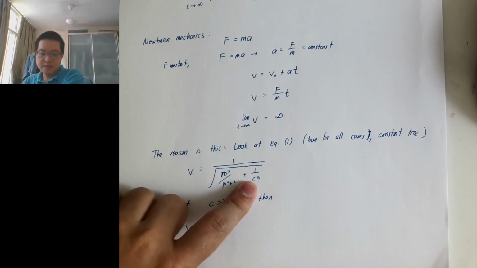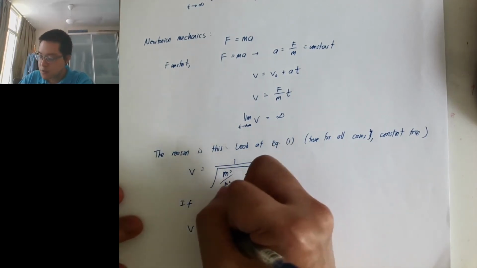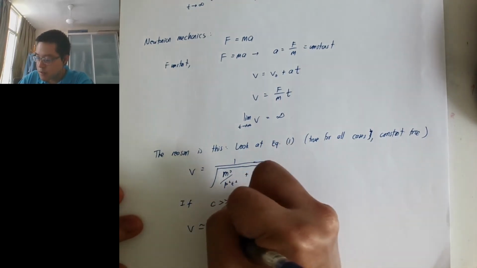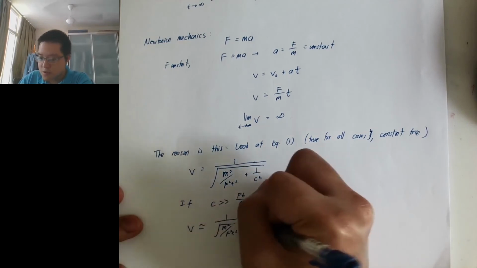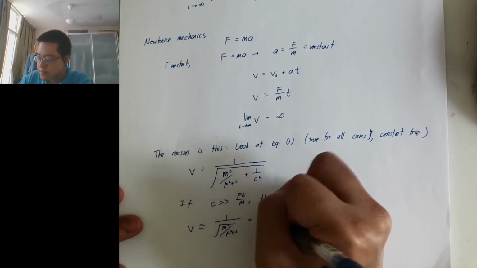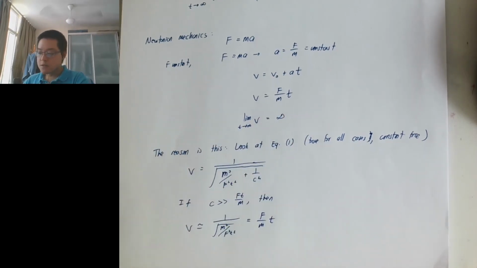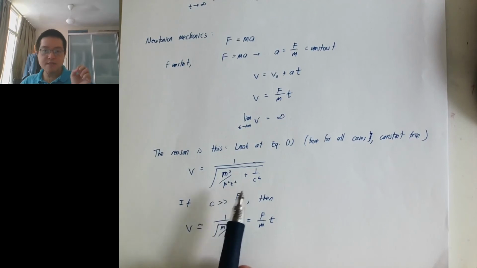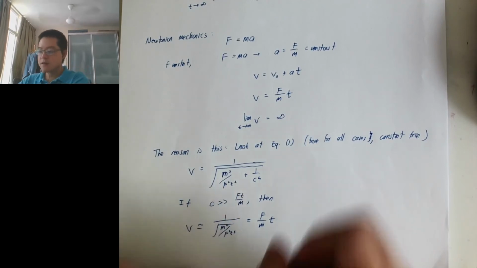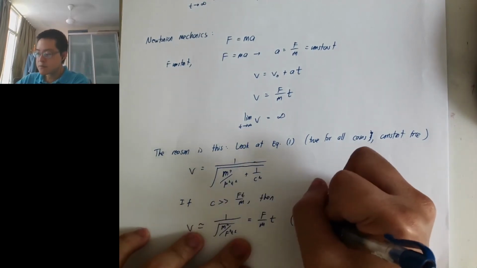If this term is negligible, then this is approximately 1 over the square root of m squared over f squared t squared. So this will give you back f t over m, which is the same as what we got over here. So this is true as long as my velocity is small compared to the speed of light.